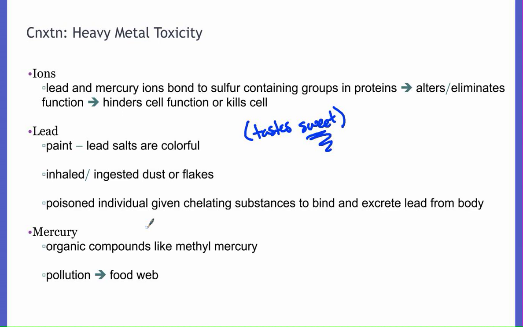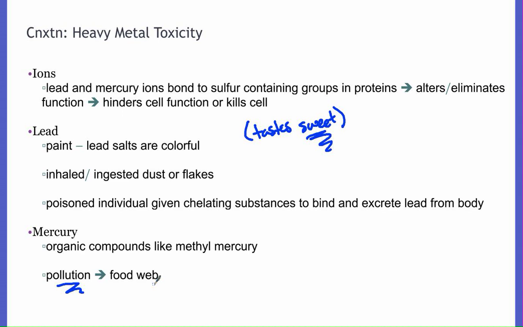A lot of times, it's really pollution, it's runoff from factories that's the problem. So that's how that mercury can end up in the food web. And we've done a pretty good job of cleaning that up, but there are still some areas in the world that are underdeveloped and or they don't really regulate things the way that we do, that can cause that mercury poisoning to happen in ecosystems.